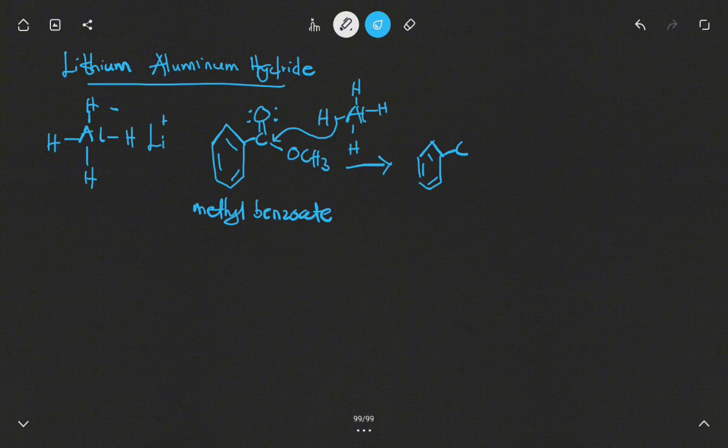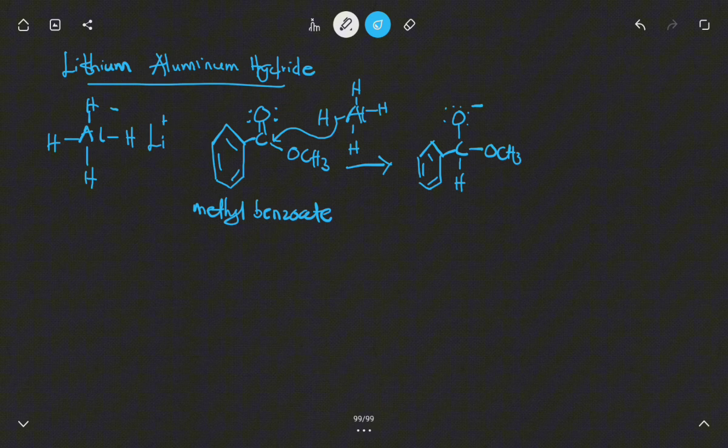Then we have the carbon with our alkoxide O, 3 lone pairs and a negative charge. Then we have the hydrogen that is attached to the carbonyl carbon, and then we have the methoxide OCH3 attached.